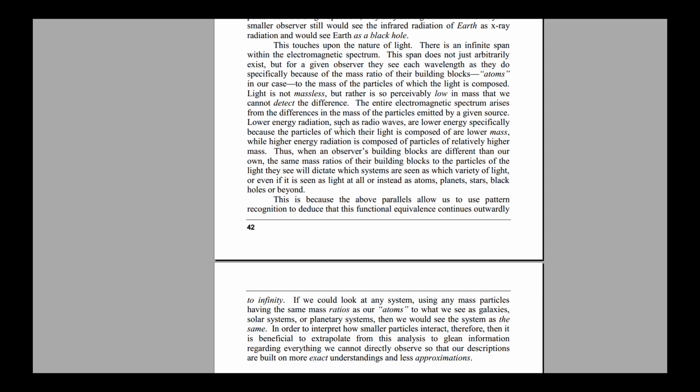Thus, when an observer's building blocks are different than our own, the same mass ratios of their building blocks to the particles of the light they see will dictate which systems are seen as which variety of light, or even if it is seen as light at all, or even as atoms, planets, stars, black holes, or beyond.